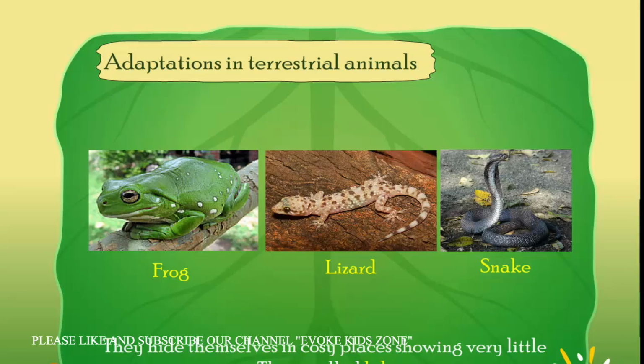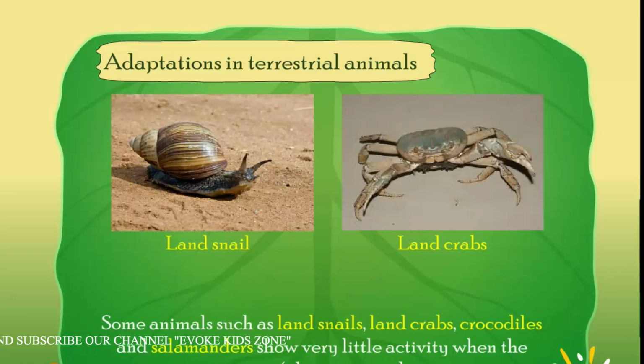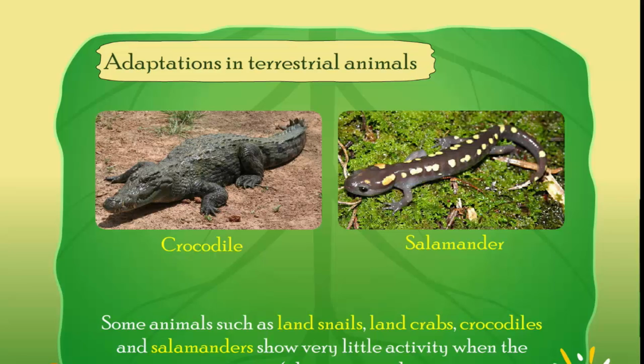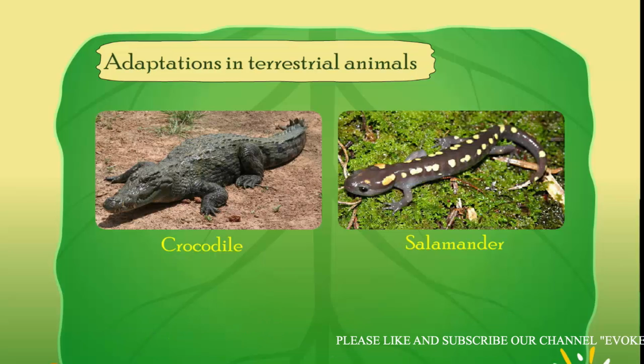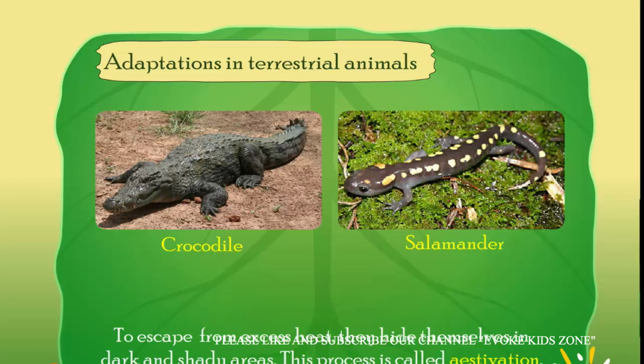This is called hibernation. Some animals such as land snails, land crabs, crocodiles and salamanders show very little activity when the temperature of their surroundings rises. To escape from excess heat, they hide themselves in dark and shady areas. This process is called estivation.